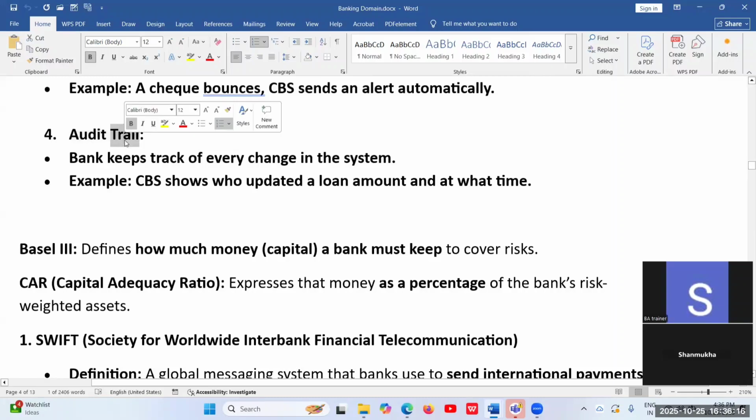Rather than calling it history stored, we call it audit trail. It will store all the details of the changes, transactions, or any history of whatever the customer has done. Everything will be stored in the audit trail. Every change.